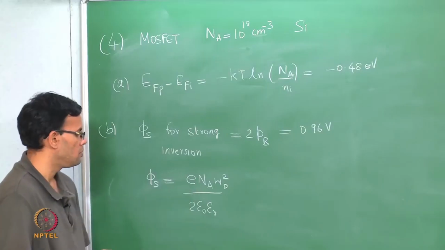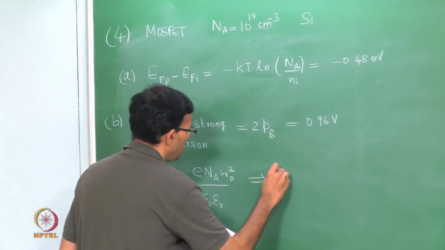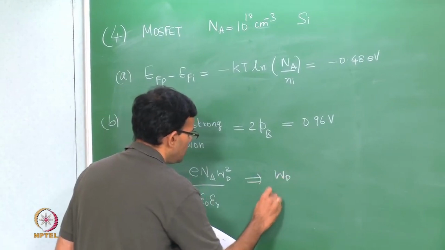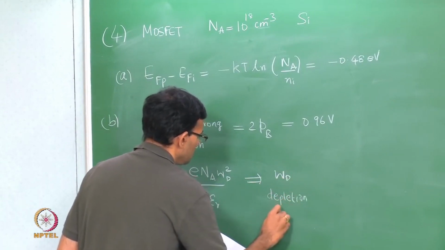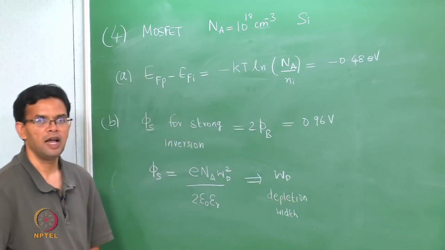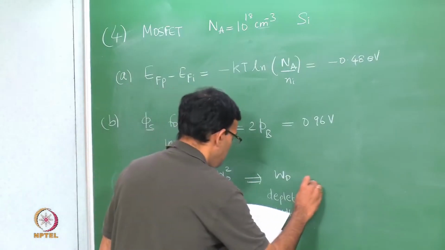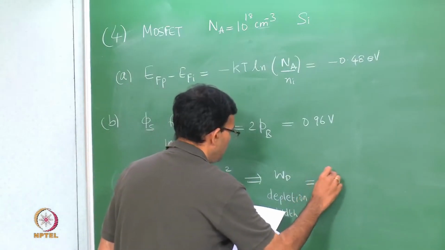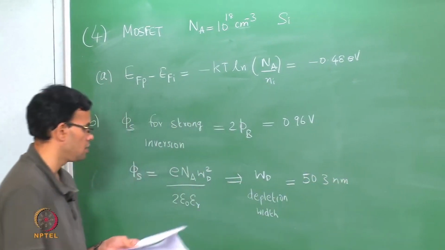Na is known, everything else is known. The only thing we do not know is W d, which is the depletion width at strong inversion. So, you can substitute all the values and essentially calculate W d. W d works out to be 50.3 nanometers.